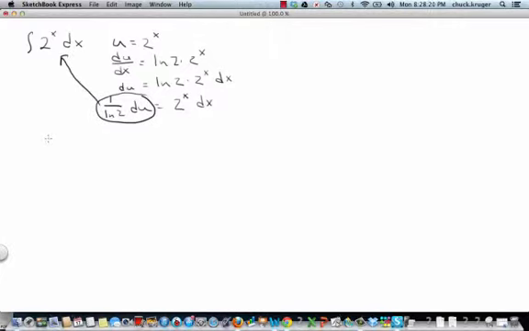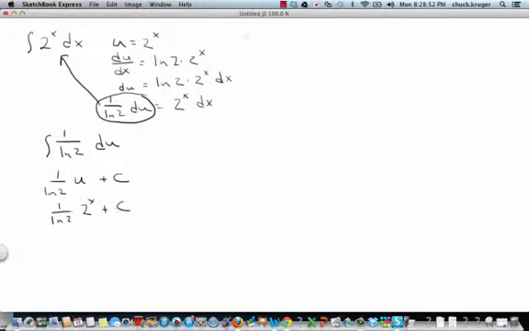And so now I have 1 over the ln of 2 du. Well, what's the antiderivative of that? That's going to be 1 over the ln of 2 times u plus c. Well, what's u? u is 2 to the x, plus c.